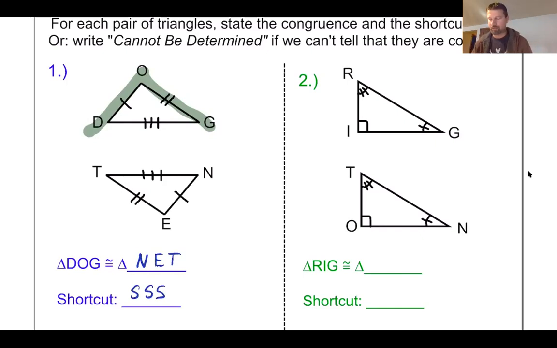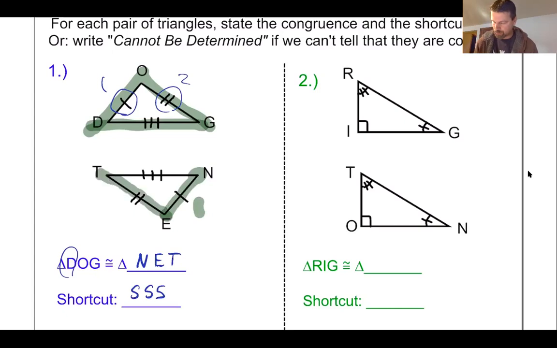The reason triangle NET would be the correct order is it follows the same as D and O and G. DOG went along this 1 tick mark line and then along the 2 tick mark line. And then it would finish off along the 3rd tick mark line. If I follow that same order, I'd have to start at N, go to E to cross the 1 tick mark line, go to T to cross a 2 tick mark line, and then the last one would be right there.